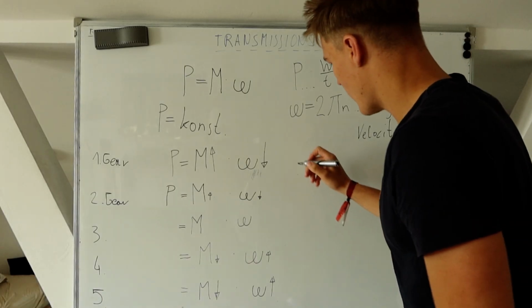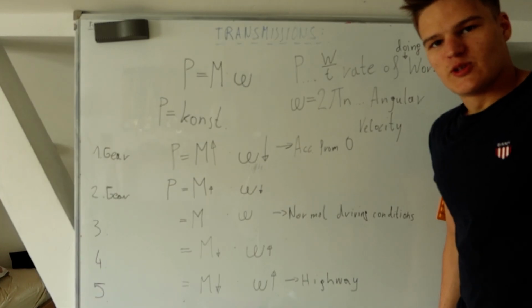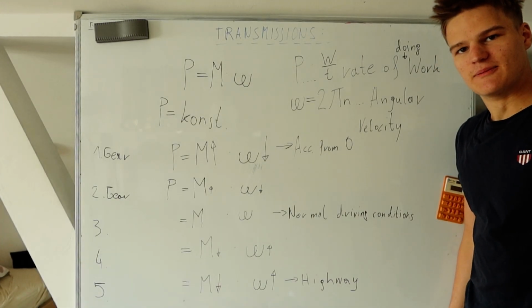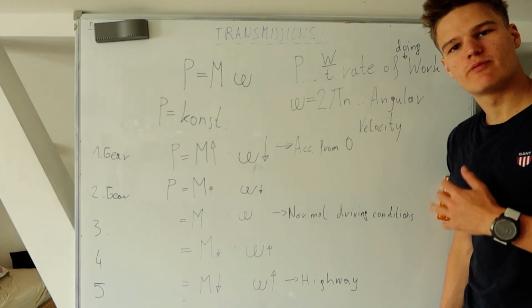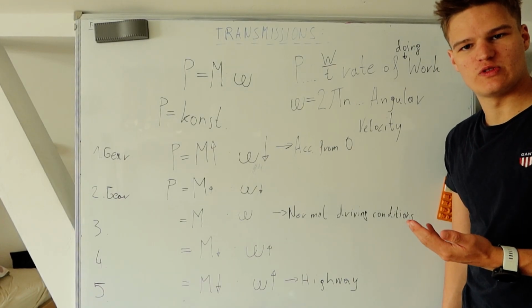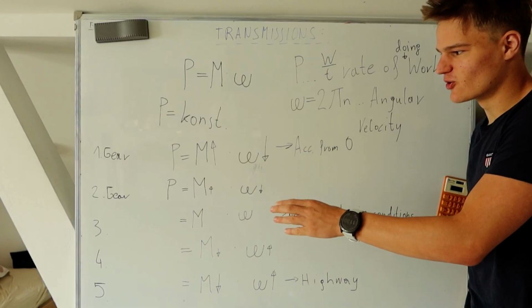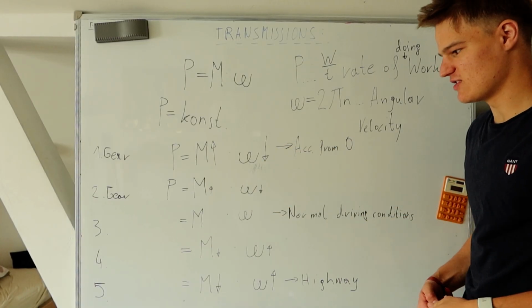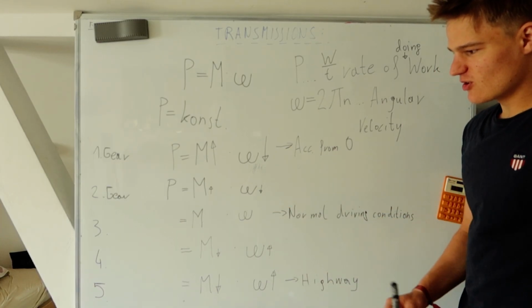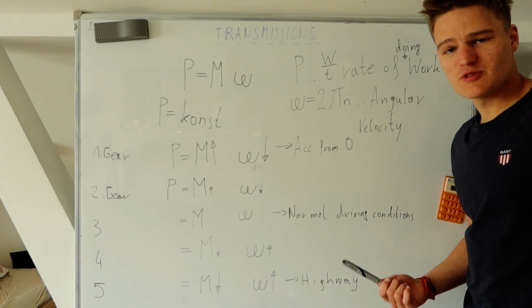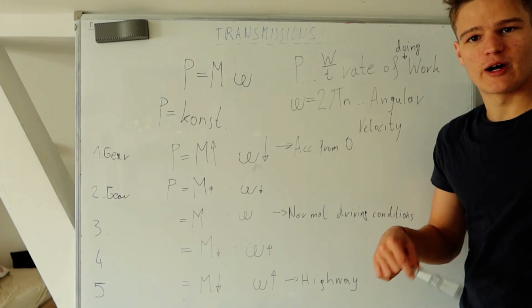So you have here, right, so I kind of just named these by when you would use these, right? So you have acceleration from 0 is basically when we have the biggest torque, but the lowest angular velocity. Then, of course, third gear is about balance, right? We have some speed, but we have also some power left.